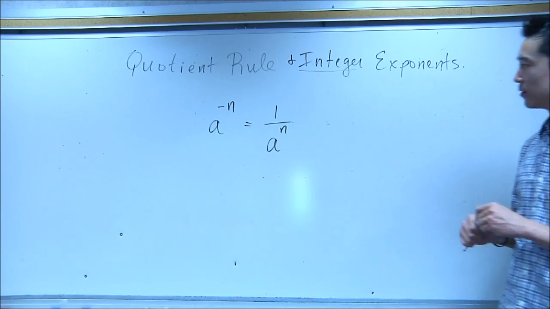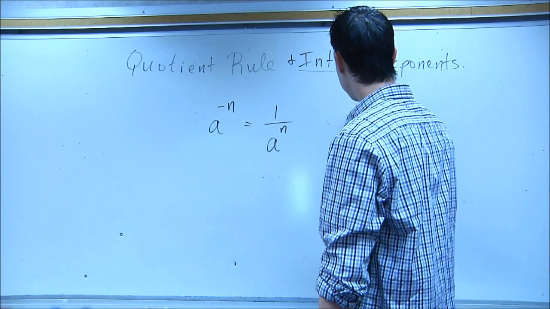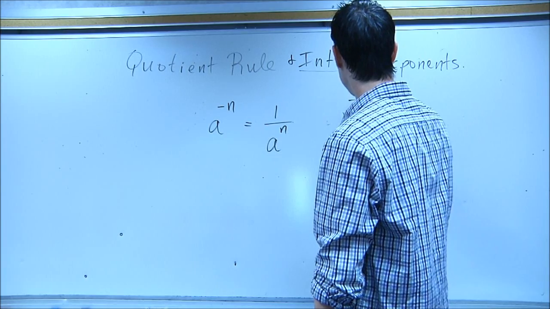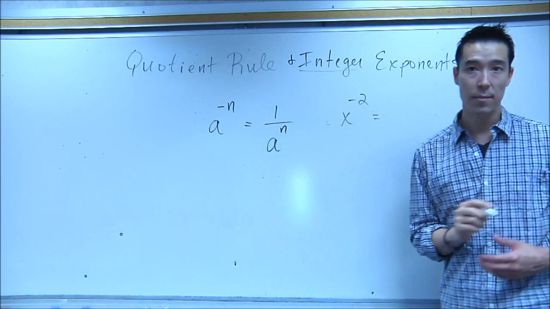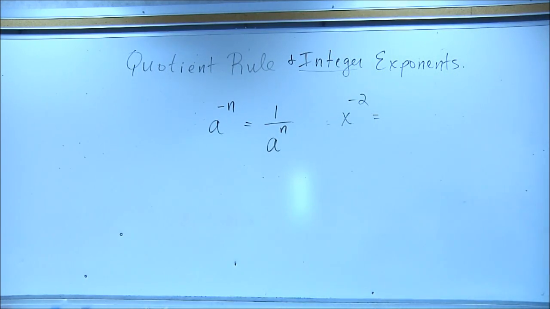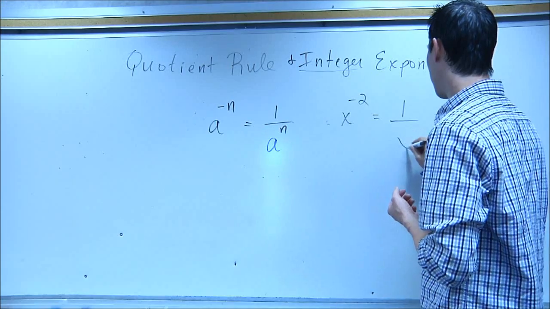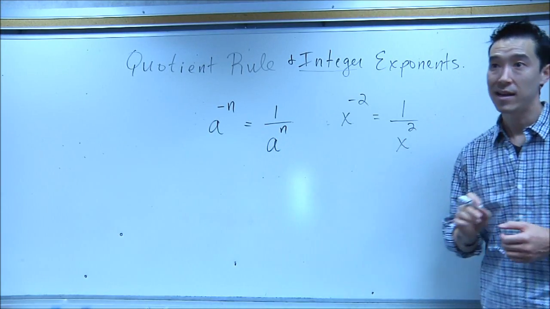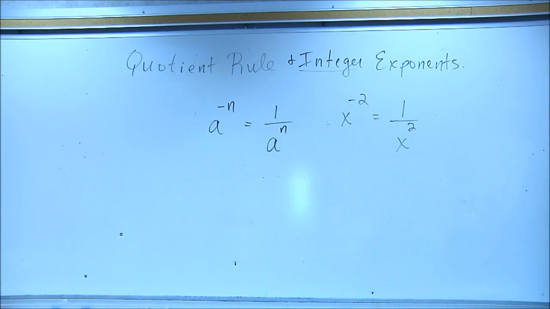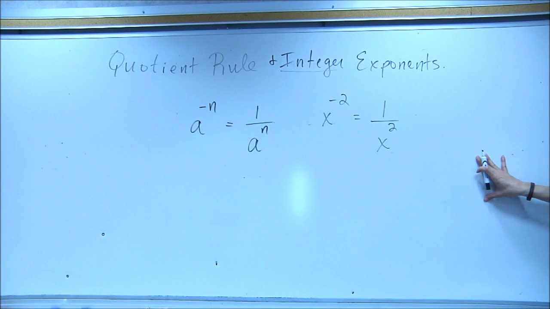So for example, if I have x to the negative 2, I want to know what that means. X raised to a negative 2 power means 1 over x squared, okay? That is the meaning behind x to the negative 2, 1 over x squared.